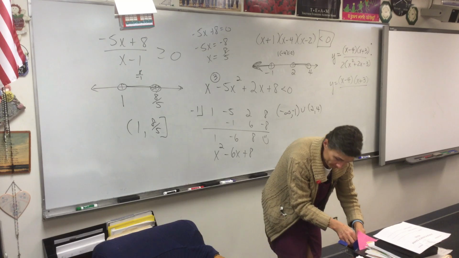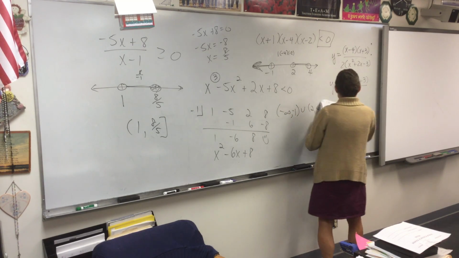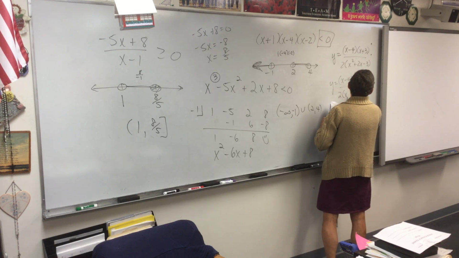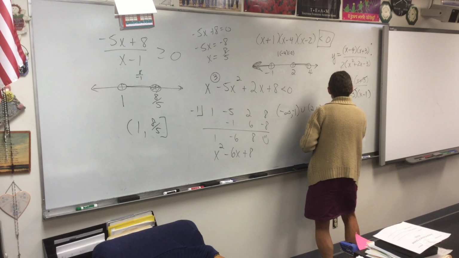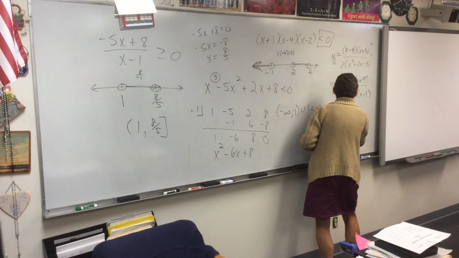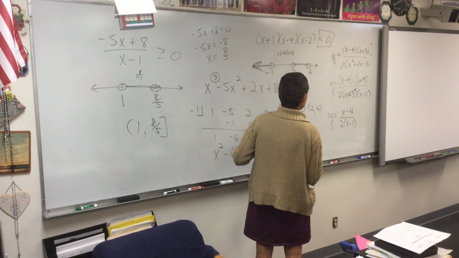And what am I going to get? x plus 3, x minus 1. Oh, there we go. So our problem is going to be x minus 4 over 2 times x minus 1. Did I do that right?